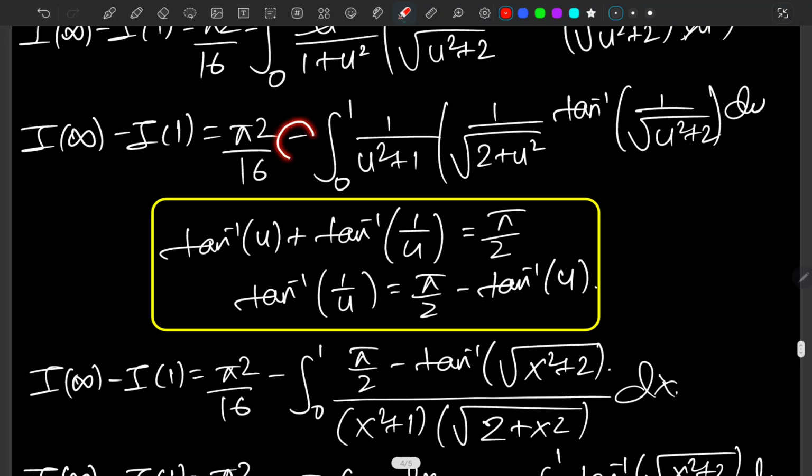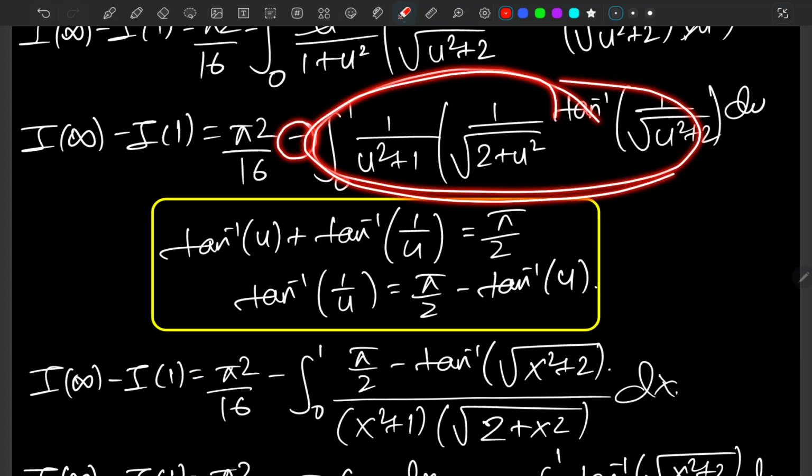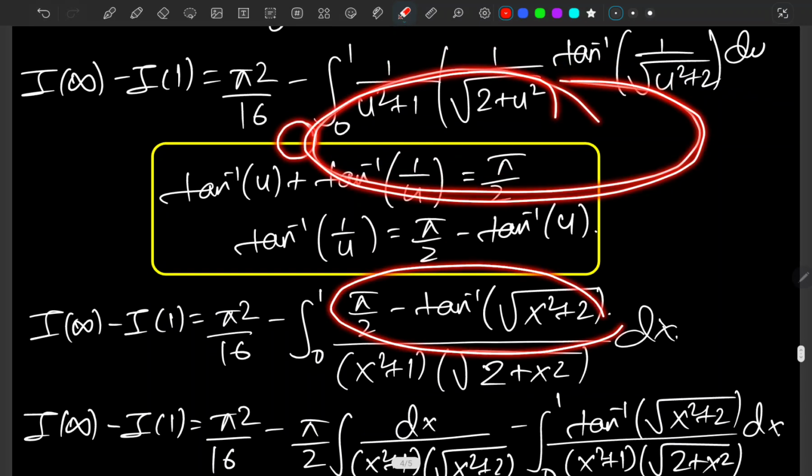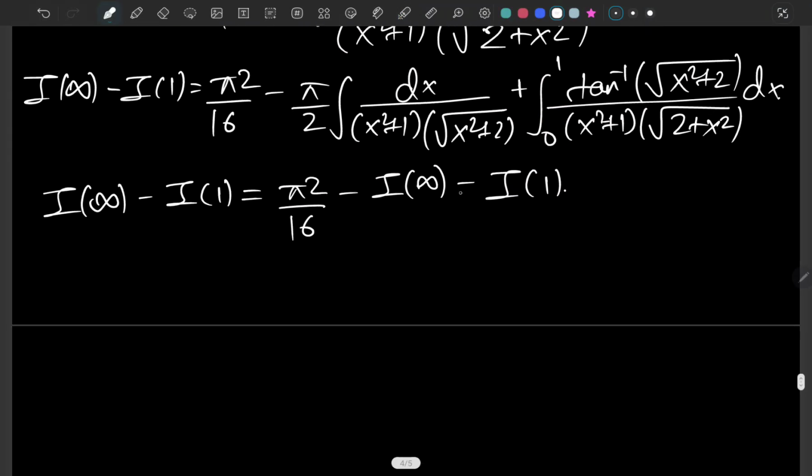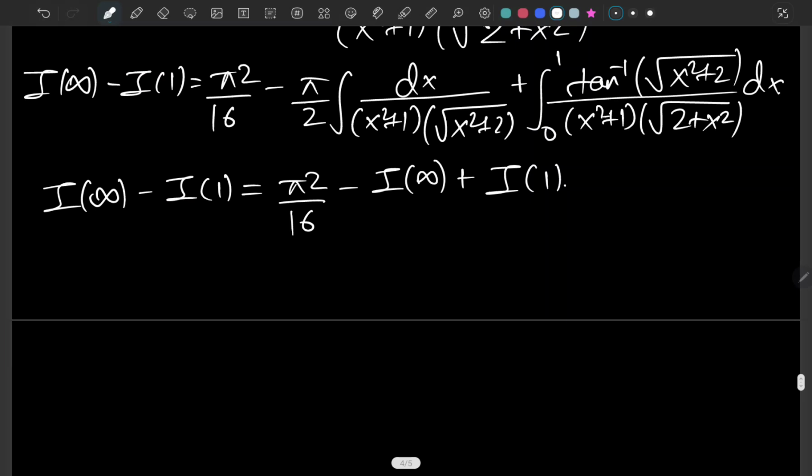Look, there was already a negative sign outside this big integral. So we have to change the sign of this one also. So we are going to have a positive here, like I'm talking about here only, guys. I'm sorry about that, I didn't notice that. So yeah, this is I of 1.